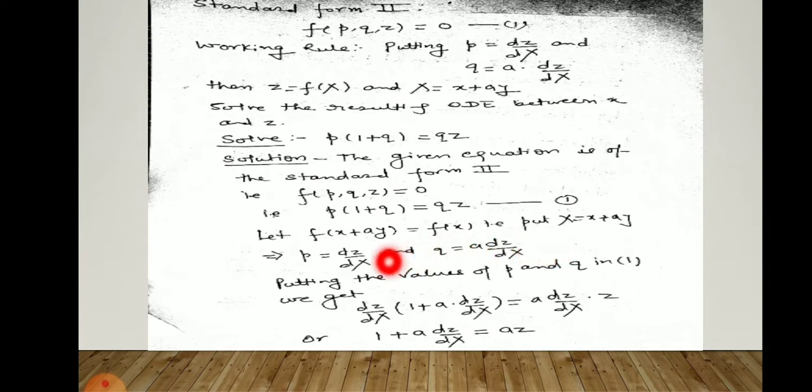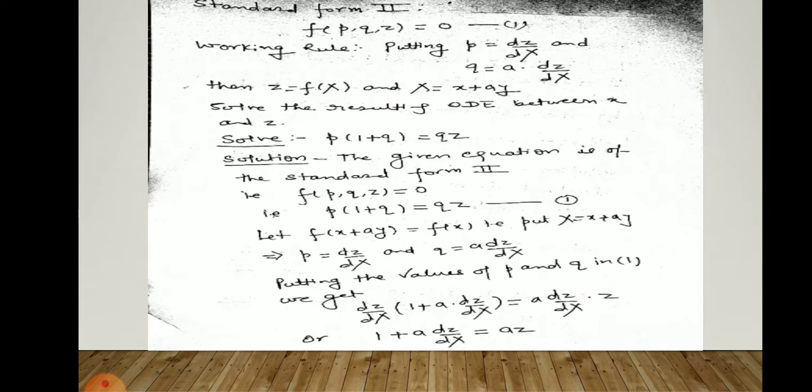So putting the value of p and q in equation number 1, we get dz by dX times (1 plus a dz by dX) is equal to a dz by dX into z. So clearly this term is equal to 1 plus a dz by dX is equal to az.